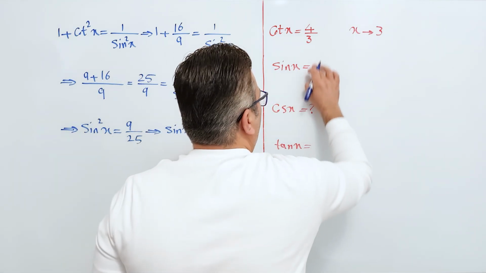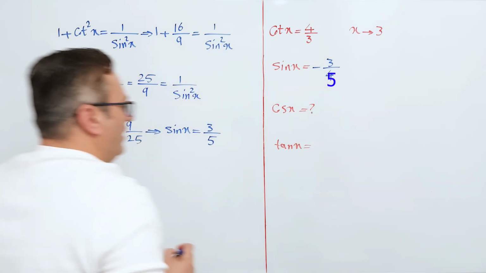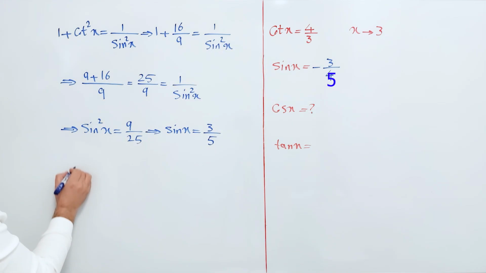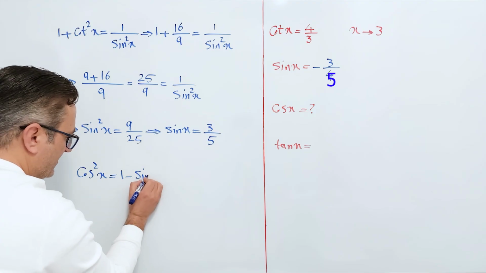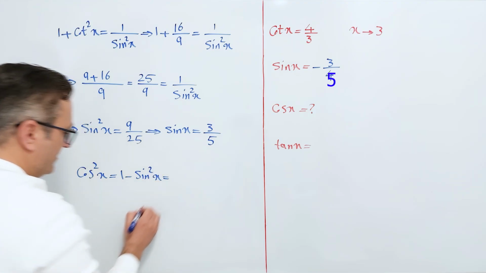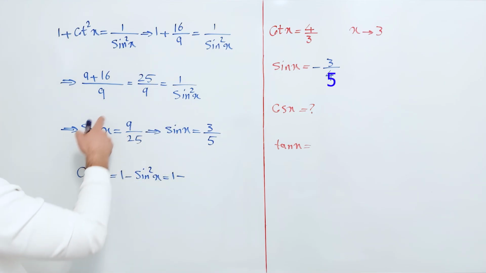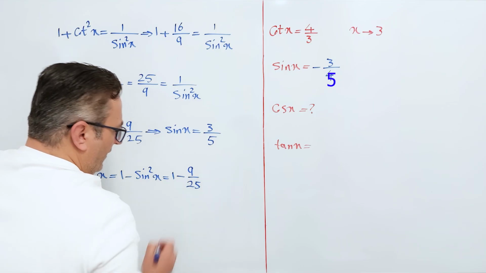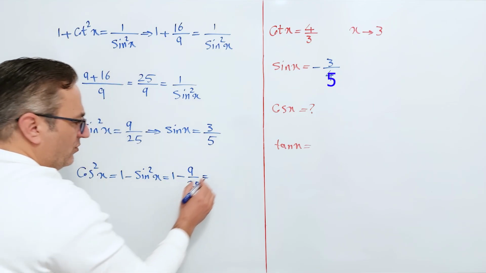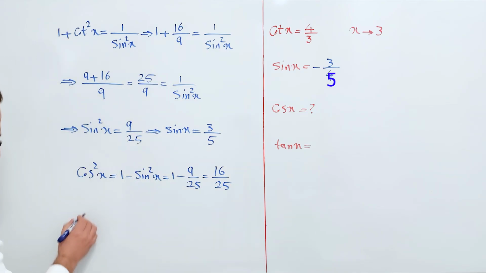So sine x is negative 3 over 5, and we know that cosine squared x is equal to 1 minus sine squared x. So 1 minus 9 over 25 is equal to 16 over 25.